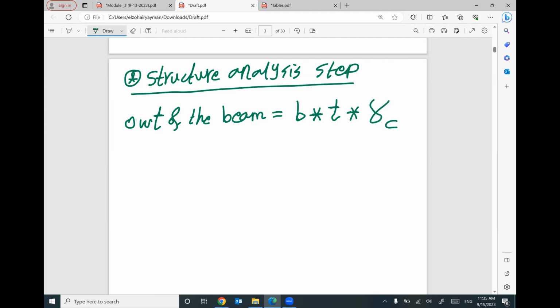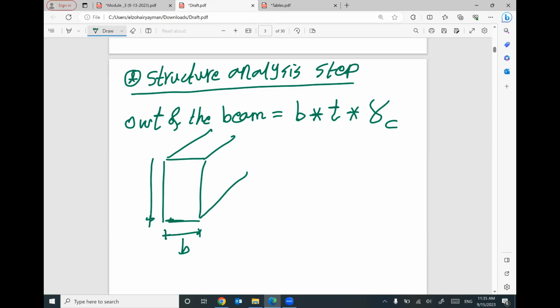I believe you learned this maybe during the building construction course. This is your cross section of the beam. So I will multiply this width by this thickness by gamma concrete to figure out the weight as unit length weight.